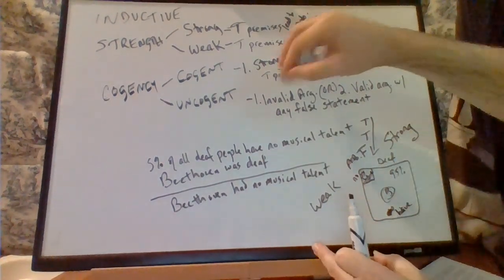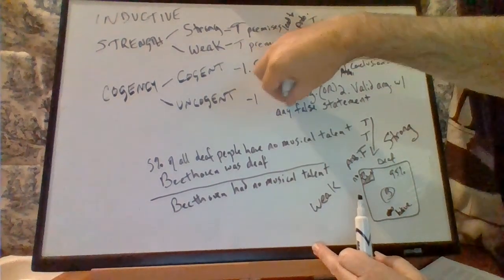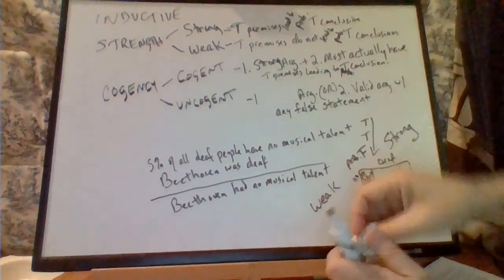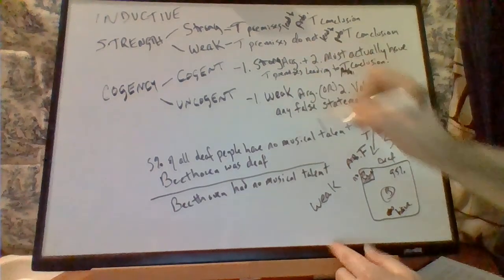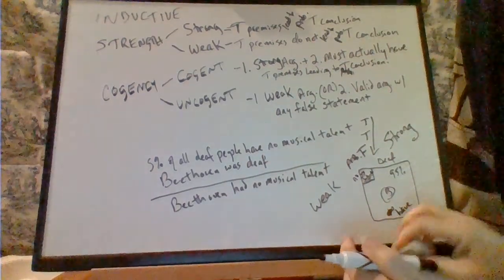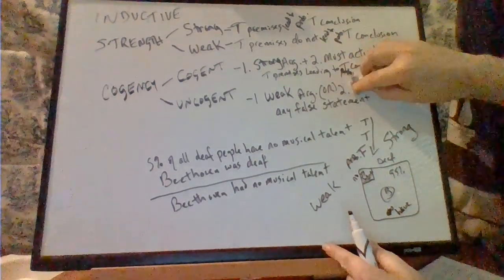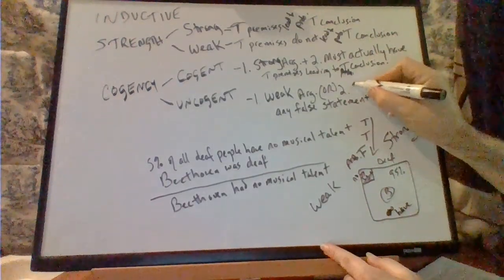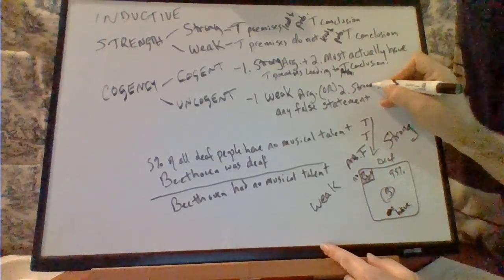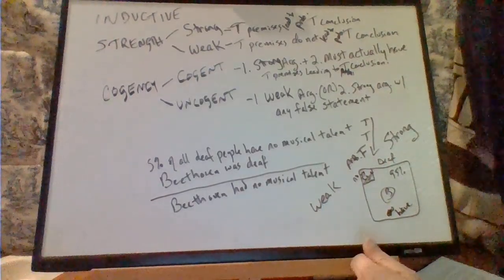To be uncogent, well, if you have a weak argument it is automatically uncogent. But you could also have a strong argument with any false statement.